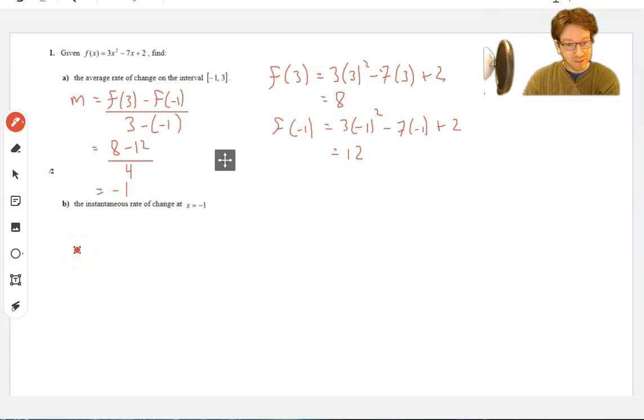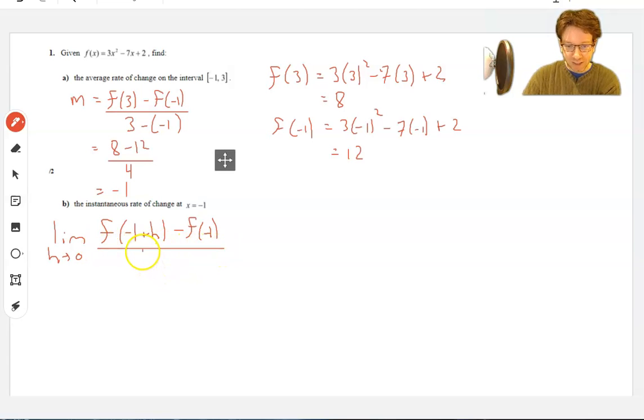So for the next one, finding the instantaneous rate of change at x equals negative 1, we're going to find the limit of the difference quotient. So that means the limit as h approaches 0 of that function at negative 1 plus a little bit of h, minus that function at negative 1, which we already know is 12, all over h.